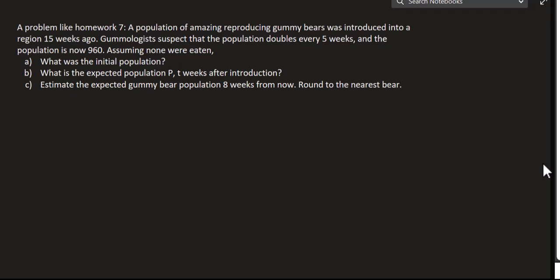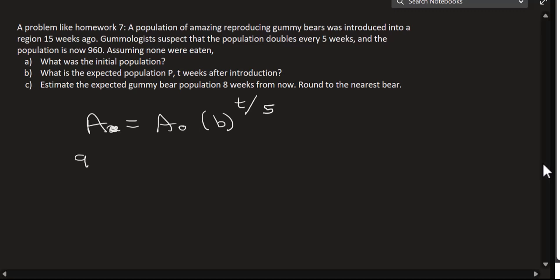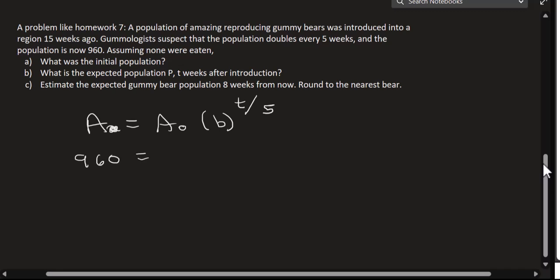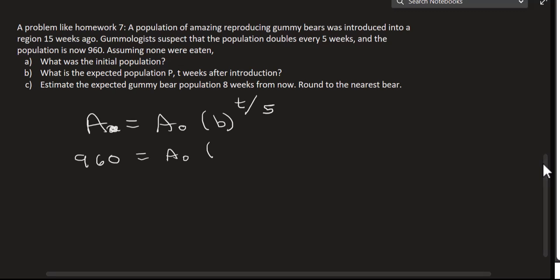Okay, so we have the amount at time t equals the initial amount times the growth rate to the t, but we want to divide it by the growth period, and the growth period was every 5 weeks, so t over 5. So the amount we have now is 960, and that equals our initial amount times, it's doubling every 5 weeks, so that's 2 to the t over 5.